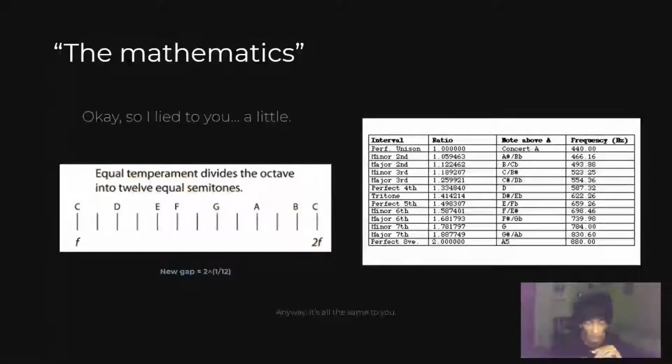Say the first frequency is F and the second is 2F; then each interval difference is of the frequency 2 to the 1 over 12th. So the second note is F times 2 to the 1 over 12th. The third note is F times 2 to the 2 over 12th, and so on.